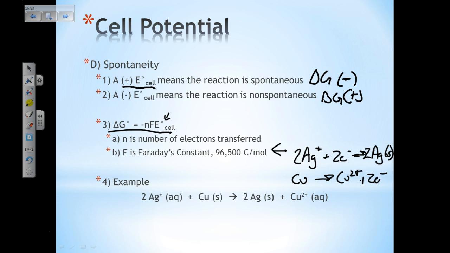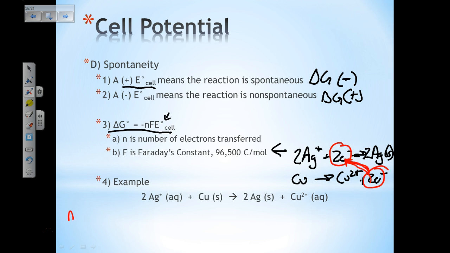So when you're worried about how many electrons are being transferred, what I'm showing you is that in this case there are 2 electrons, because these electrons going from here are the same 2 that are being used up here. So we have 2 electrons.